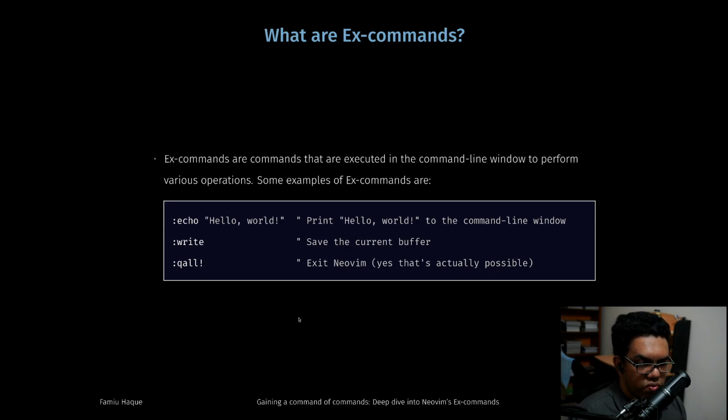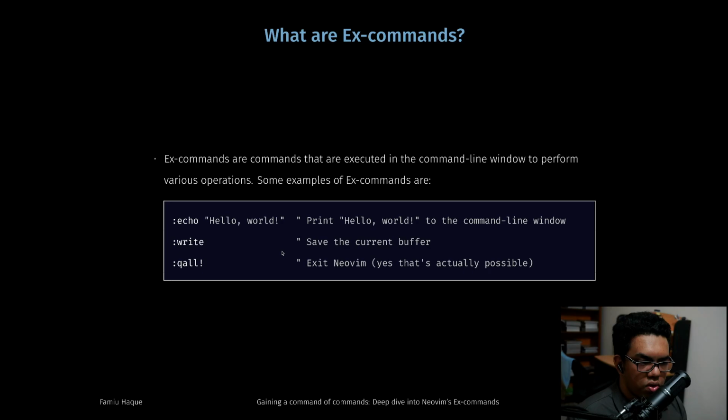Let's talk a bit about what Ex commands are first. If you've used Neovim, I'm sure you're familiar with Ex commands. Ex commands are basically commands you type in Neovim's command line to do any kind of operation or action. So if you do :echo hello world, it prints hello world to the command line. :write writes the current buffer.